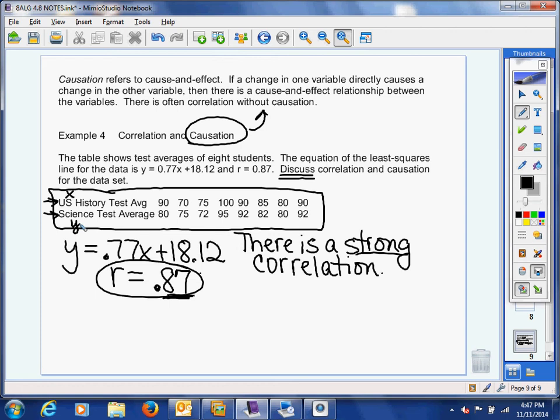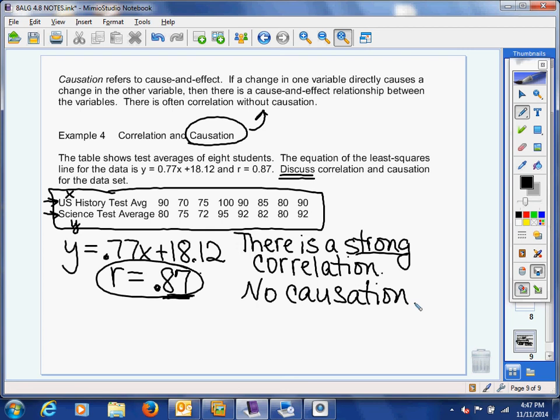The answer is one does not cause the other. There is no causation. What you make on a history test does not affect what you make on a science test. So there's no causation in this particular example.